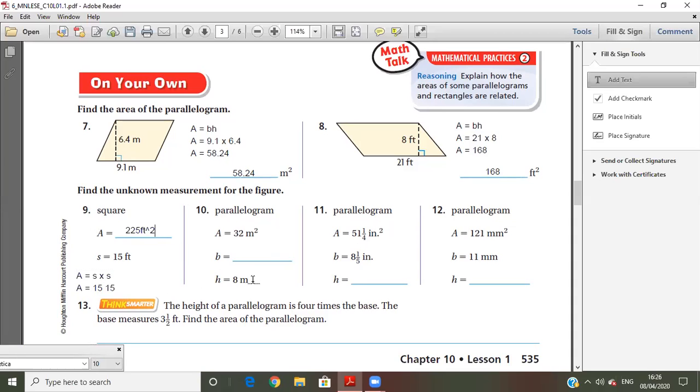Okay, let's solve question number 10. No, you will solve it by yourself. So 1 minute more, start solving quickly.